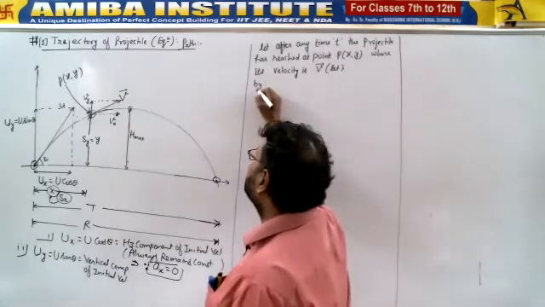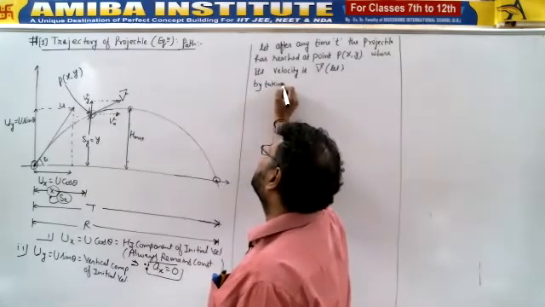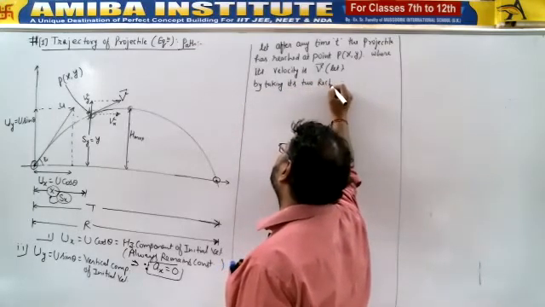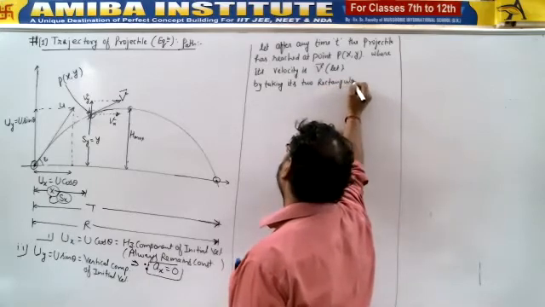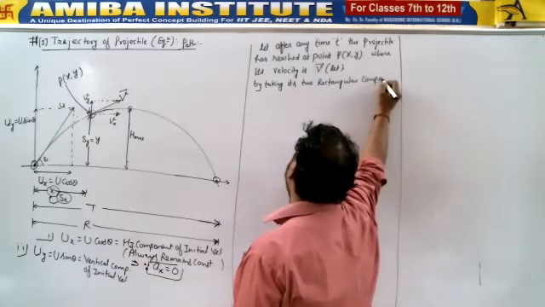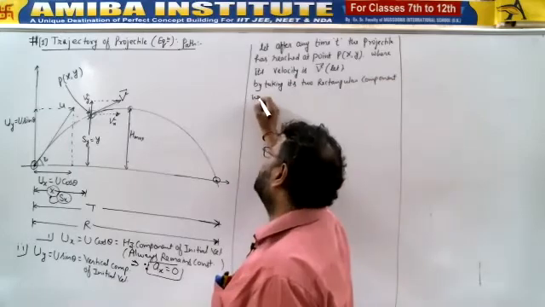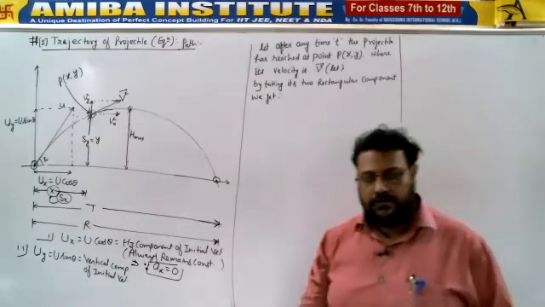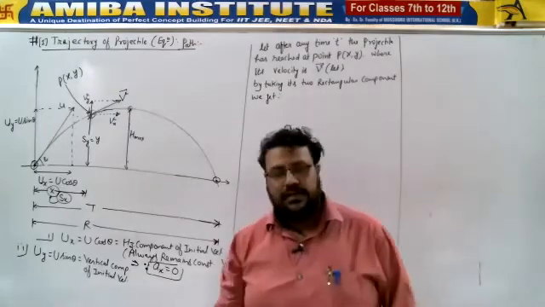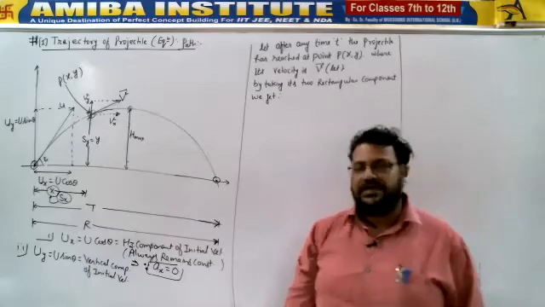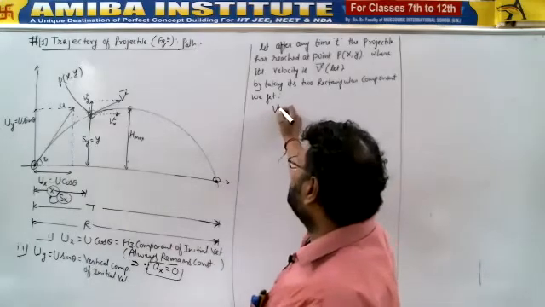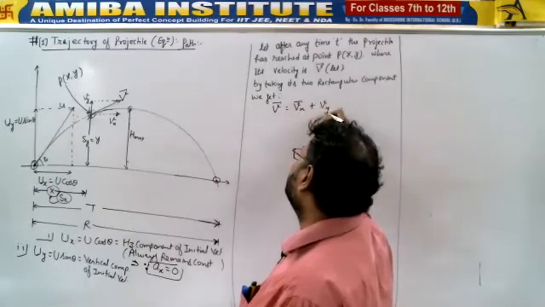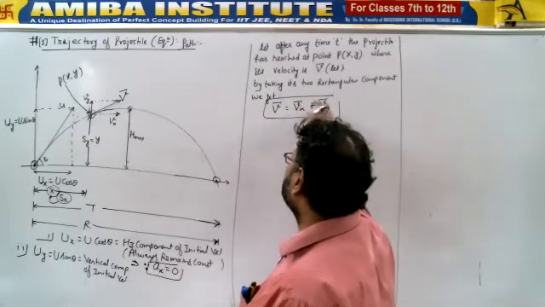By taking its two rectangular components, what do we get? Rectangular means those components which are perpendicular to each other. So by taking two components, we will get Vx vector, Vy vector. It means V should be written in terms of this.